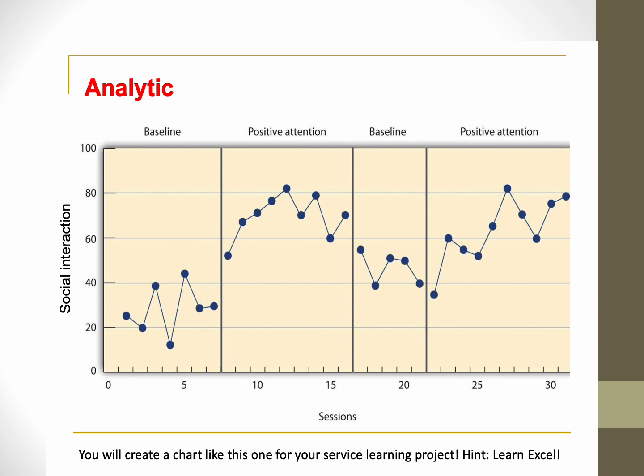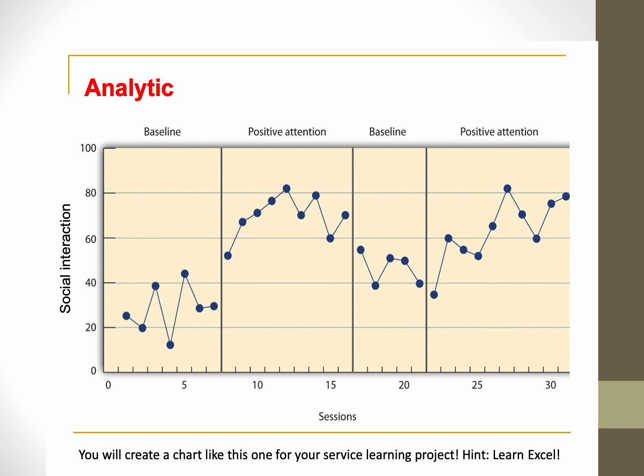Do you see the behavior change with intervention? Yes, right? As she introduced the intervention, the dependent variable, the frequency of social interaction, increased, right? And then she went back to the baseline phase and had 1, 2, 3, 4, 5 baseline sessions again. When she withdrew the intervention, the behavior decreased, right? And then when she reintroduced the intervention, the behavior gradually increased.